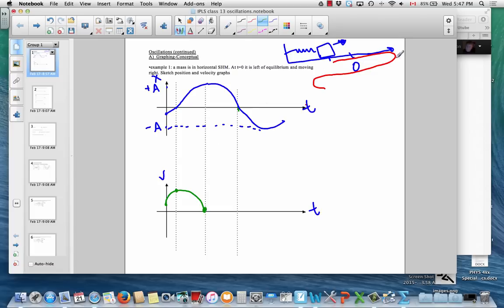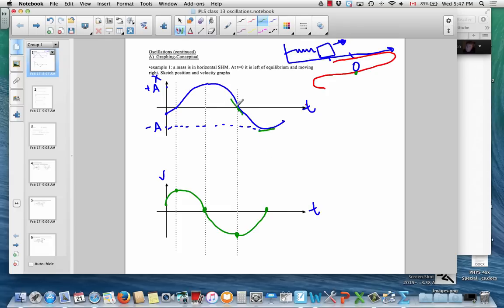Then the velocity starts off to the left and slow, that's negative. And then right here, back at the equilibrium point, we're now going left at maximum speed. Then, still moving to the left, we slow down to stop. So it looks like that. As we said, if you consider the slope, here it's a 0 slope, that corresponds to 0 velocity.